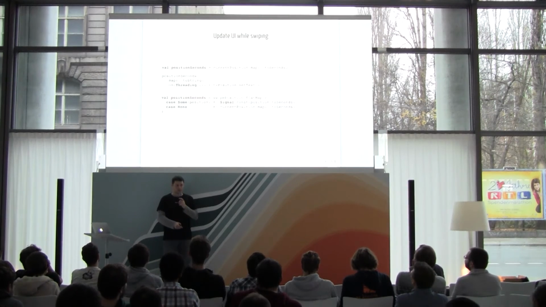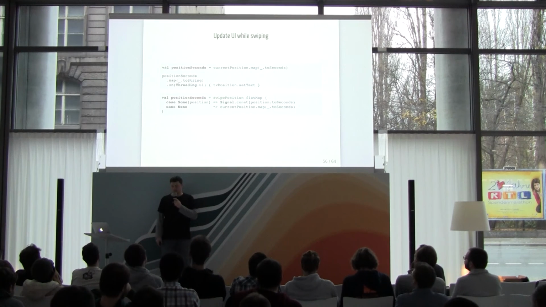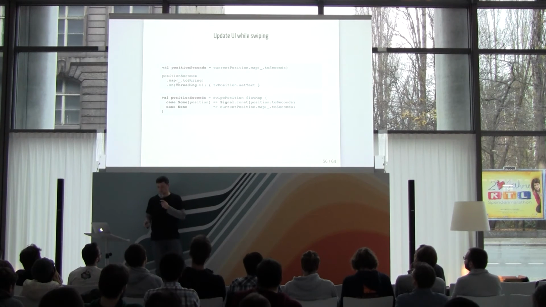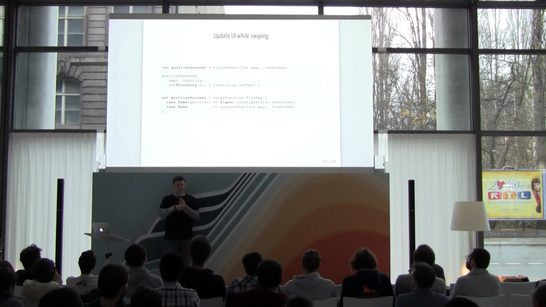If it was none, so the user was not swiping, we use the position that we had before. And if the user is swiping, then we use the position from the swipe position signal. We only need to replace this signal with this one, and the UI will automatically work, because this signal was used to update the text view and the progress bar at the same time.